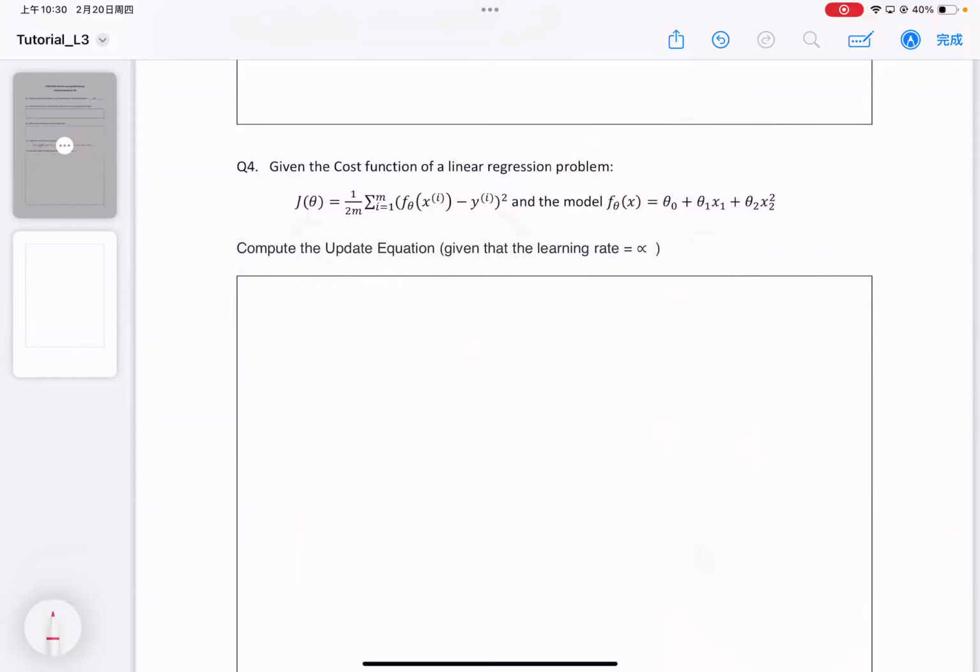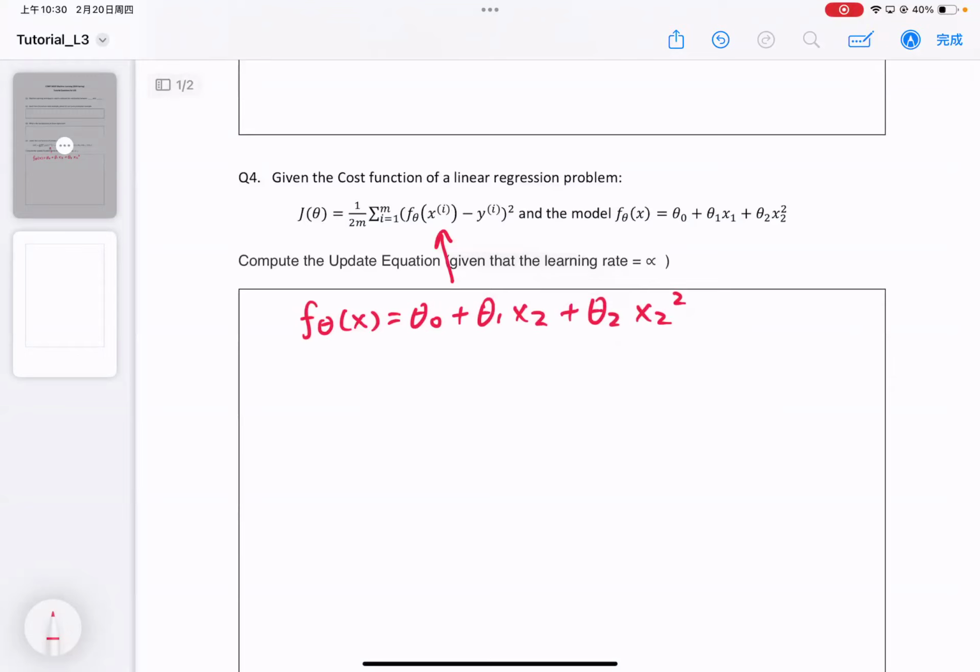So let's start with this question. Here we know that f_theta(x) is equal to theta 0 plus theta 1 x1 plus theta 2 x2 squared. Then we put this equation inside this loss function.